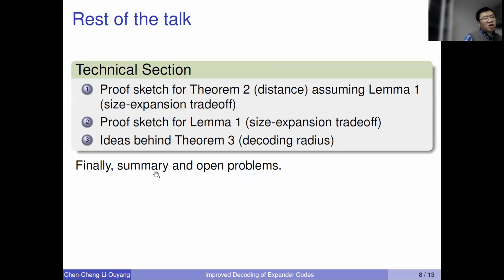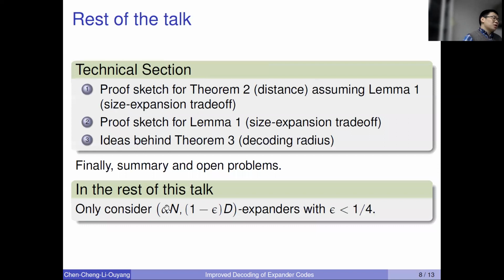And finally, I will give a summary and tell you some open problems. Just for convenience in the rest of the talk, we will only consider expanders whose expansion is at least 3/4 times d. In other words, epsilon is less than 1/4.